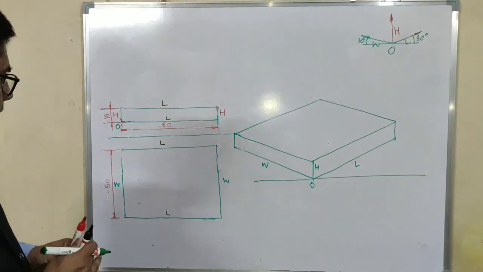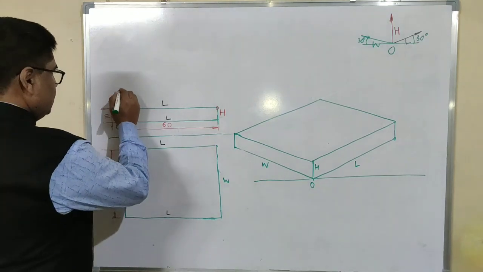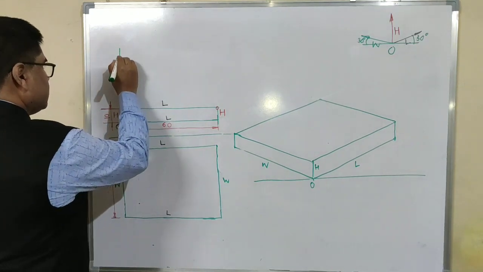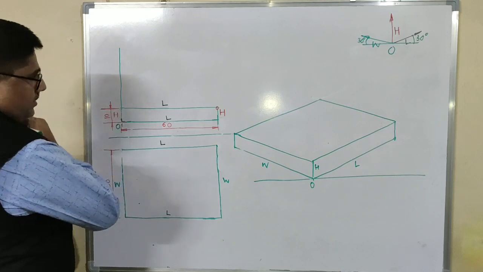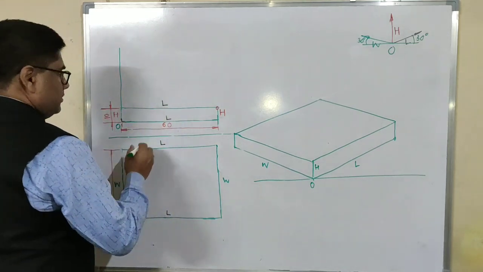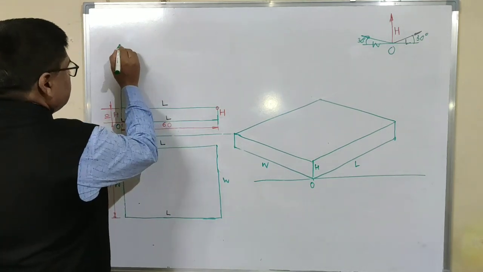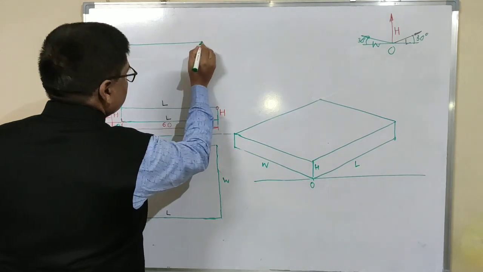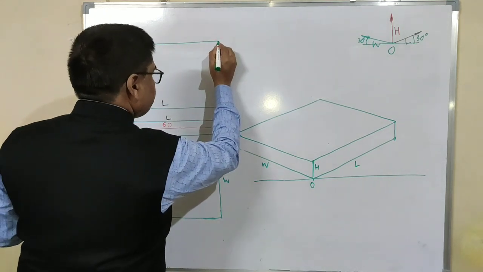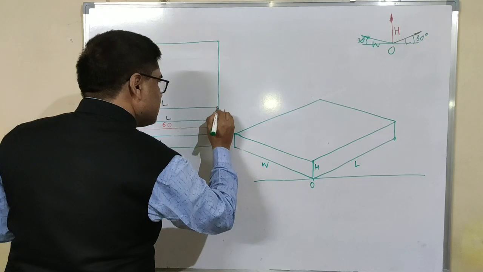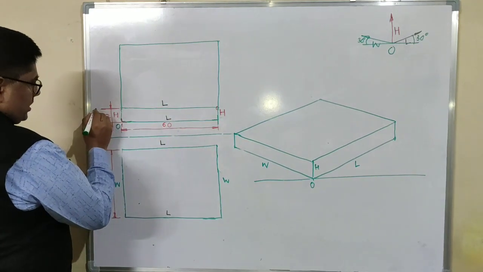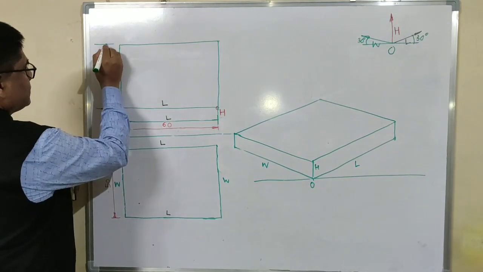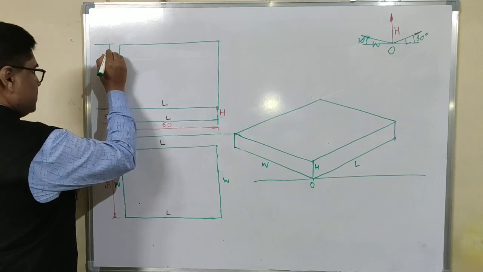Now let us make this object a little bit complex to understand more concepts. I am adding one more plate to this. This height I have taken 40 mm. See, I have added this part.